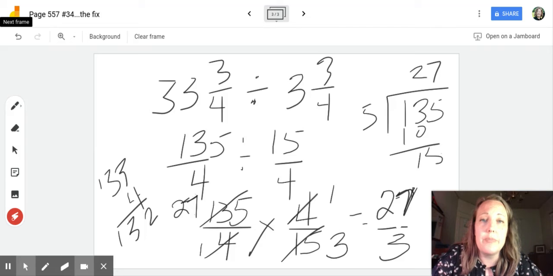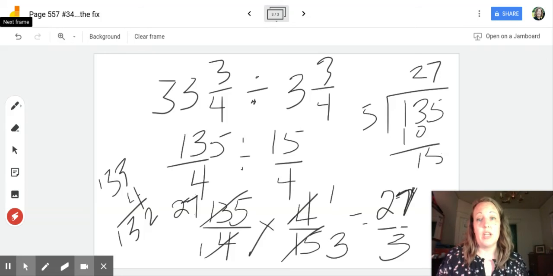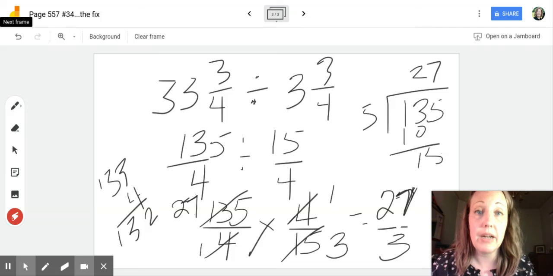So think about when you're doing math, the most efficient way to do things. Sometimes think about what's more fun. What's a more fun way for you to do it? And maybe you're just bored doing something the same way, so you're like, oh, I'm going to try it this way. I think that's great. But also think about which way is going to cause the least amount of error.